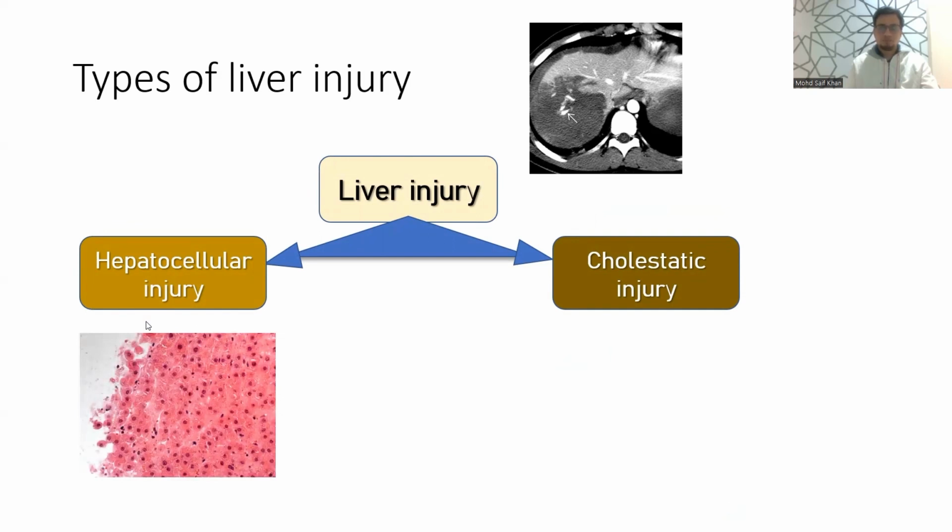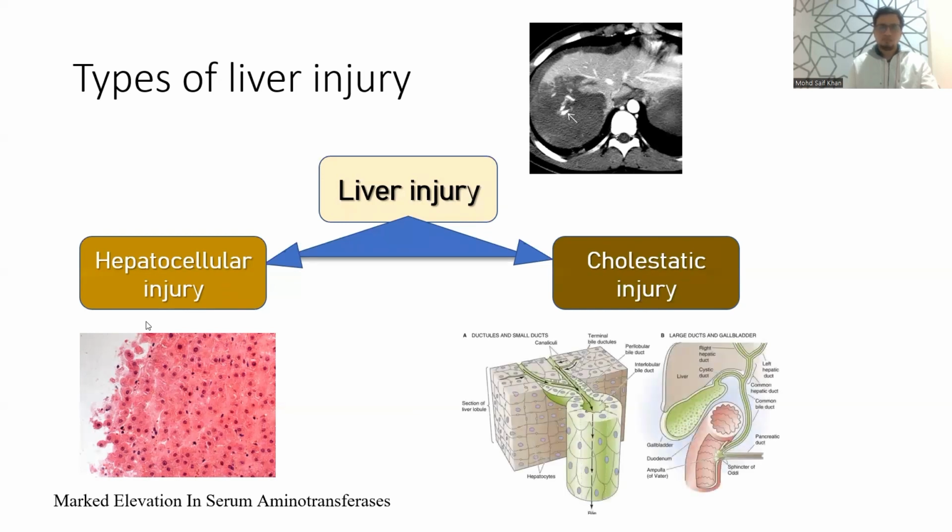The other type of liver injury is cholestatic injury, which is associated with elevation in ALP, that is alkaline phosphatase, and GGT, that is gamma glutamyl transpeptidase, with moderate or normal elevation of serum aminotransferases. So these two subtypes of liver injury you should know.